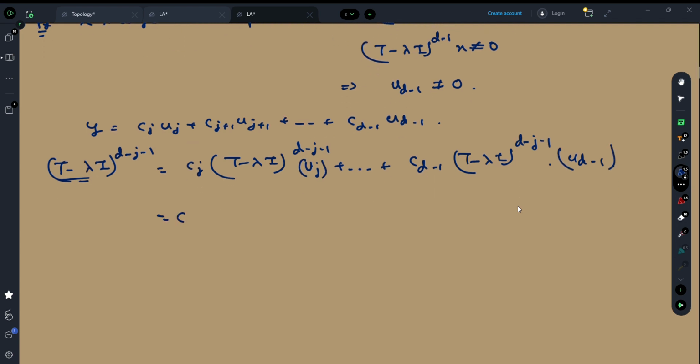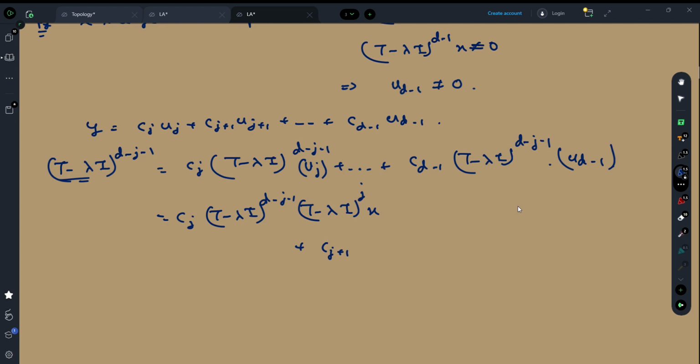Now what is u_j by definition? So u_j by definition is (T minus lambda I)^j of x, right? What will be the next term?